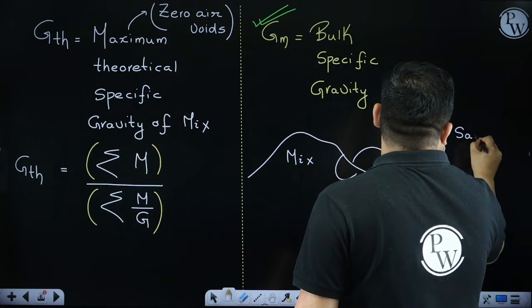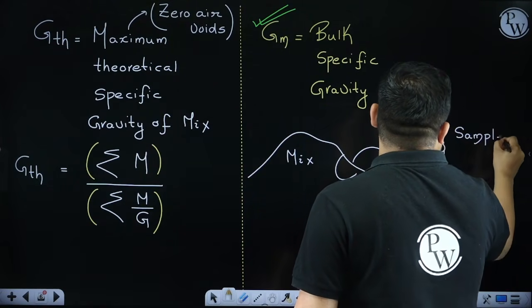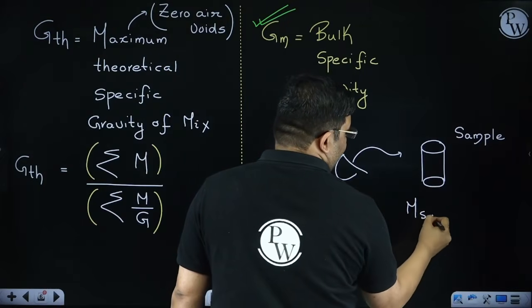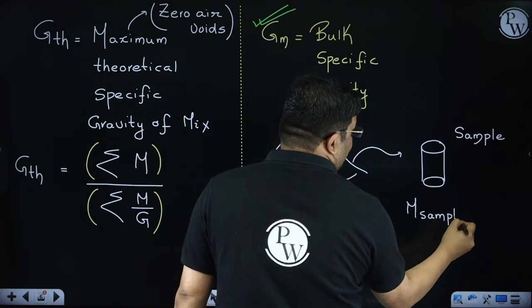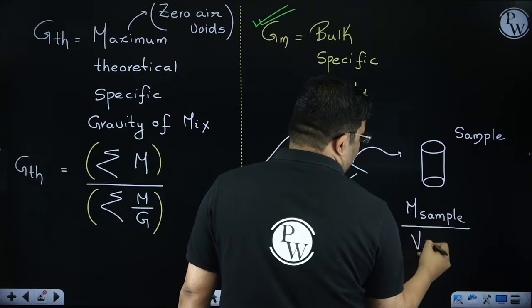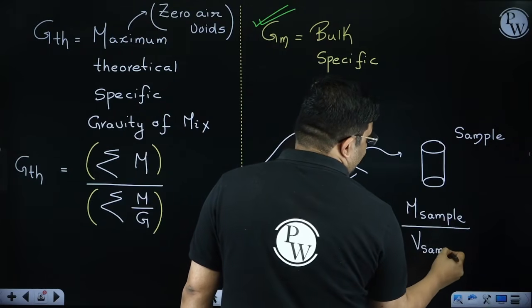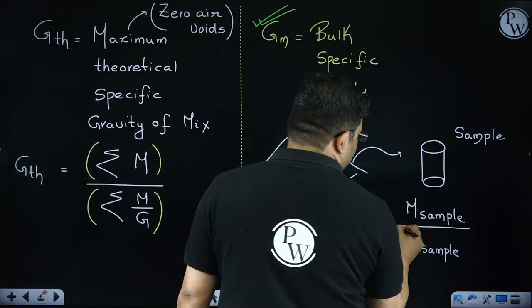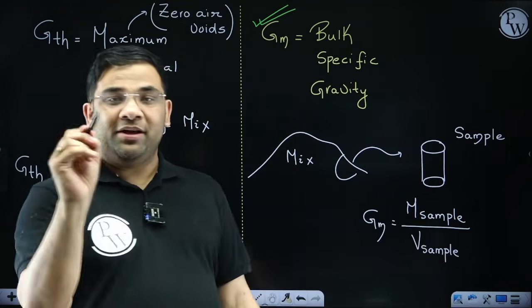Then I will take the mass of this sample and divide it by the volume of the sample. So this will give me the actual specific gravity.